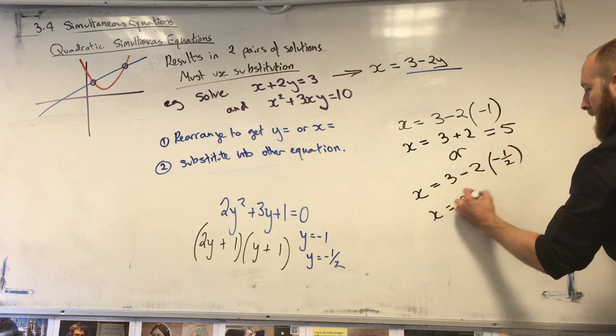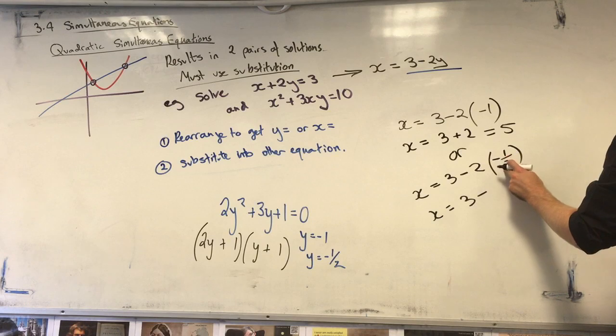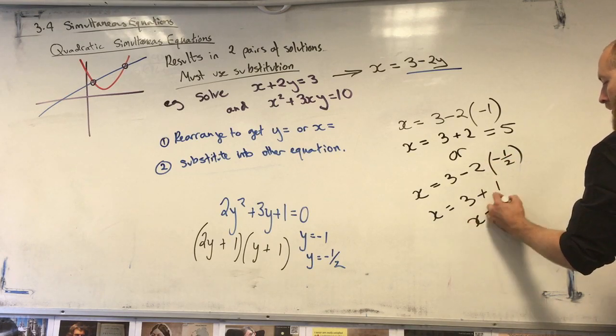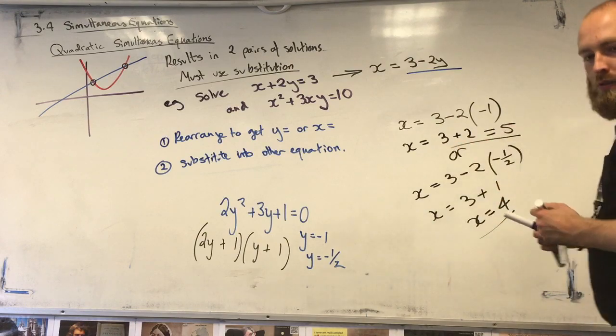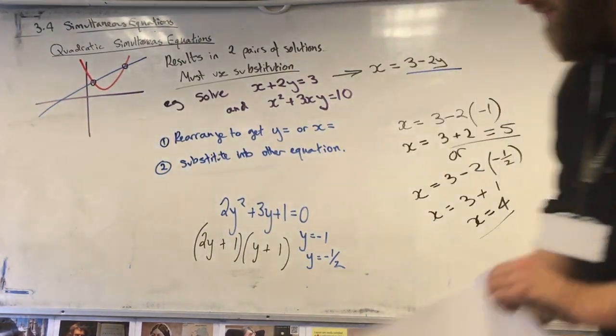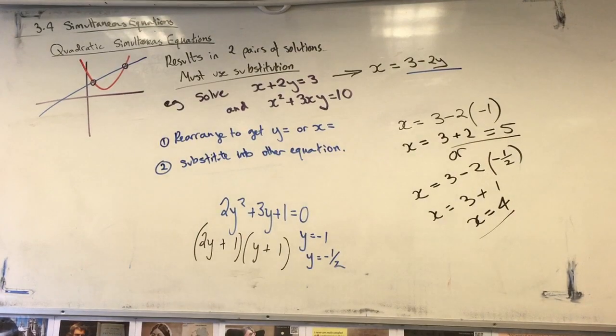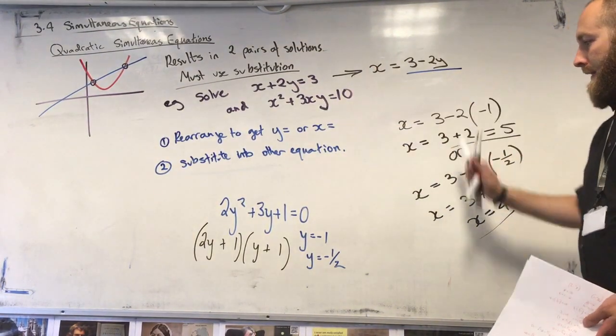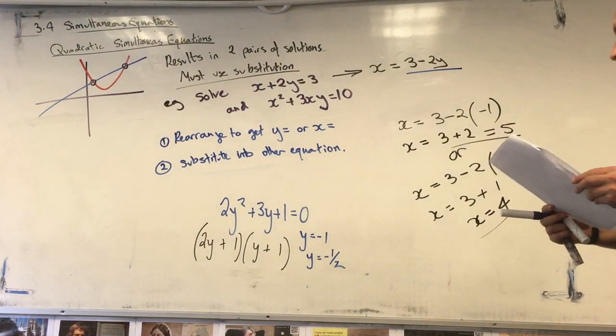So x equals 3 minus 2 times minus a half, 3 plus 1, so x equals 4. Cool. Now you could do it the other way around. You could have substituted to get y equals, and then put that in there, and you'd get the same set of solutions.